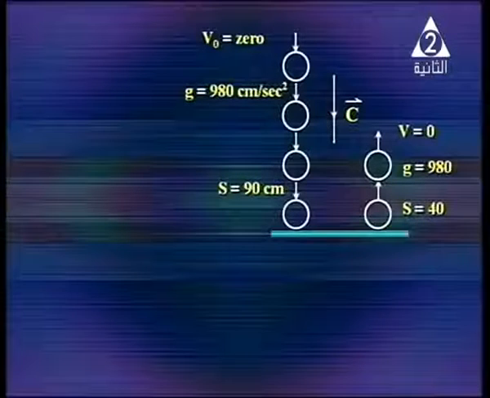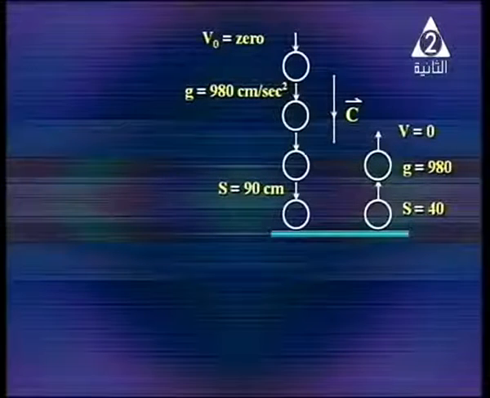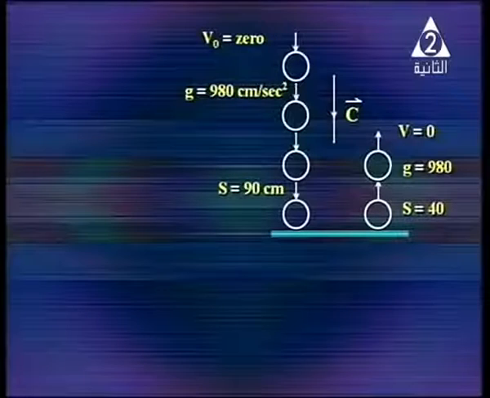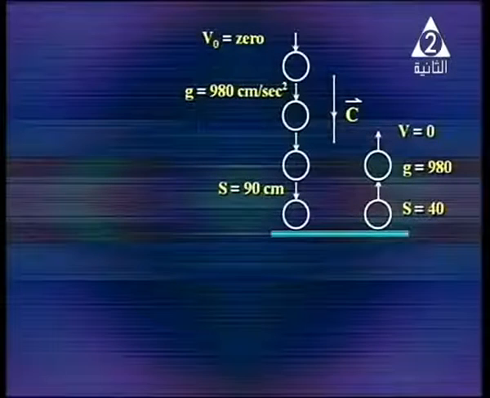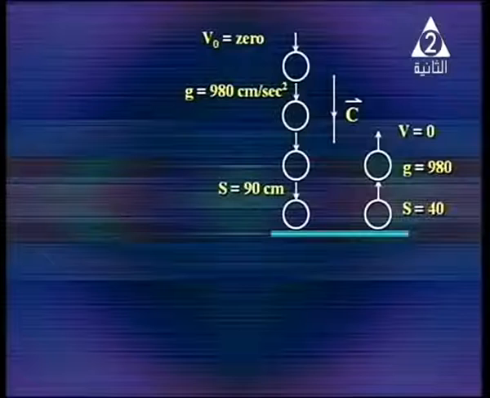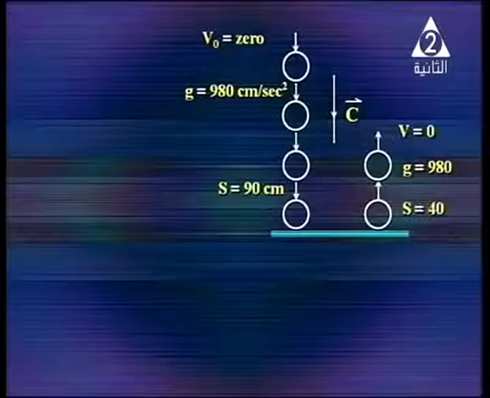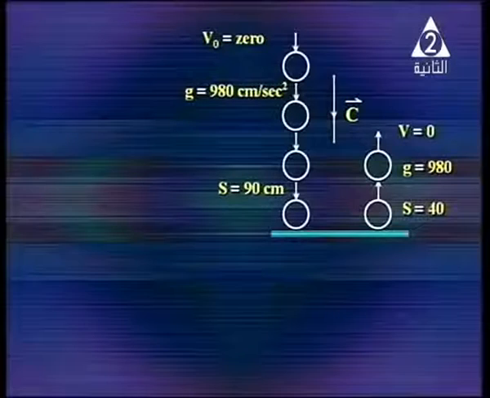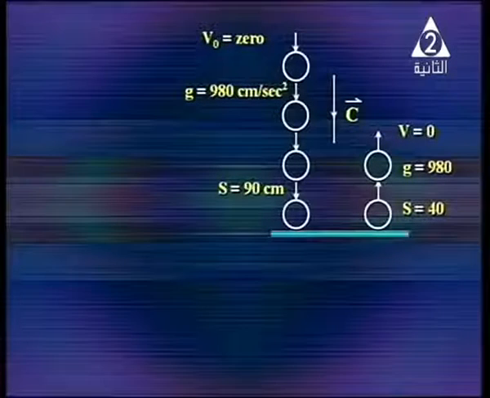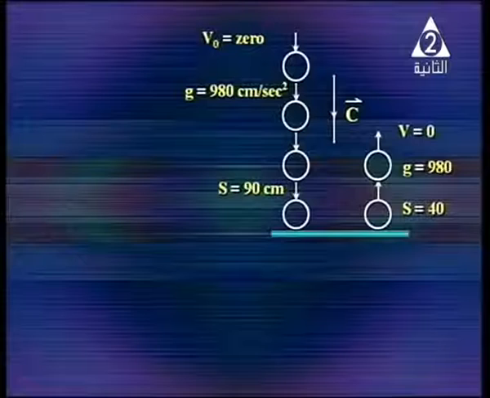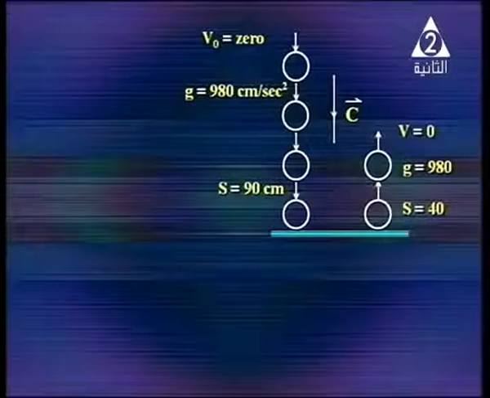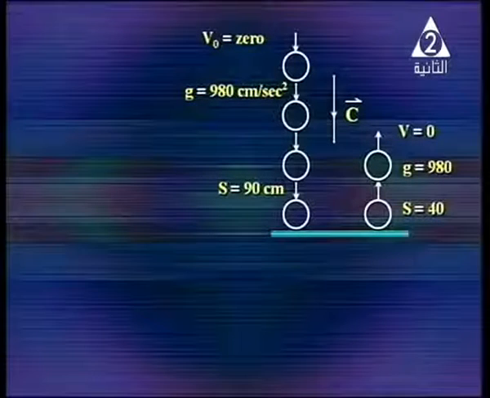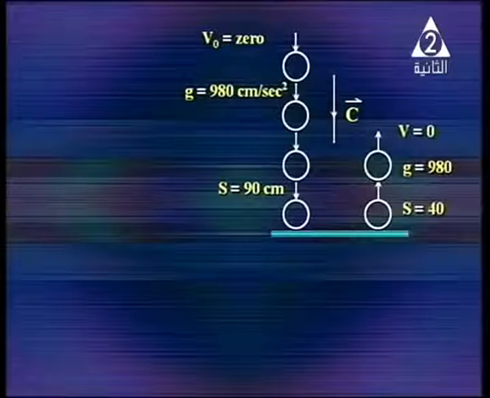Because we fall the rubber ball. When it starts from fall, then the initial velocity, V naught, equals 0. G, gravity, is 980 centimeter per second square, or 9.8 meter per second square.